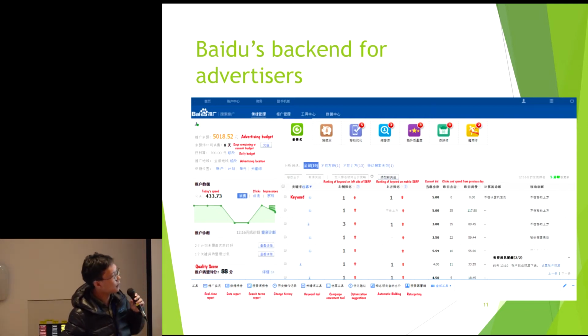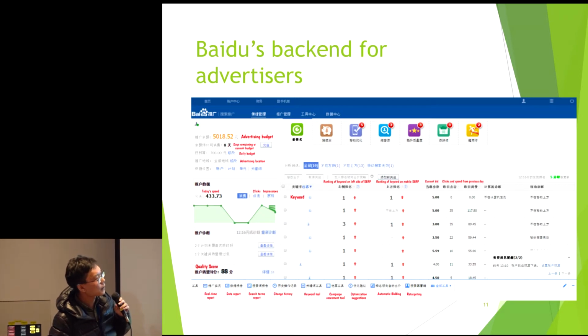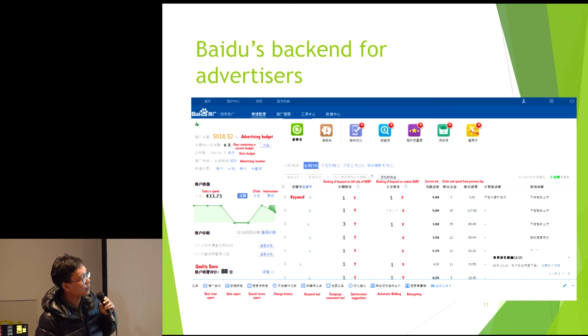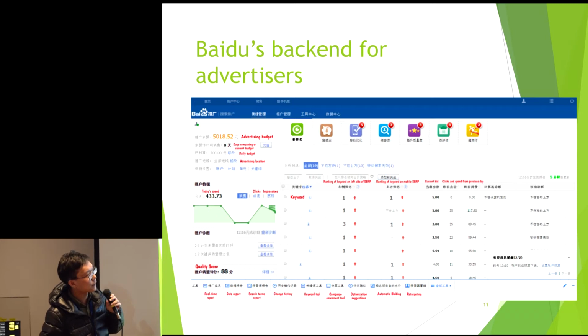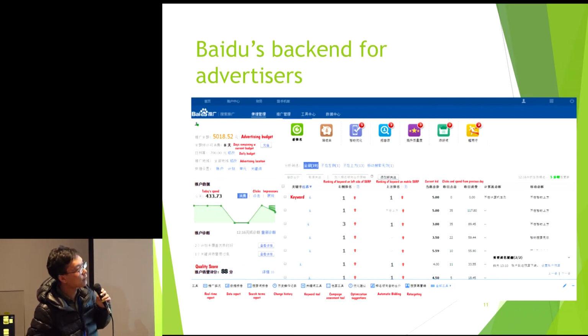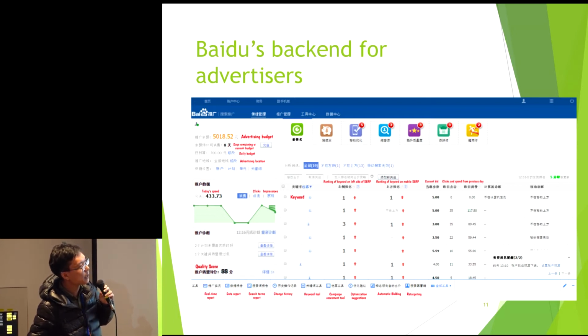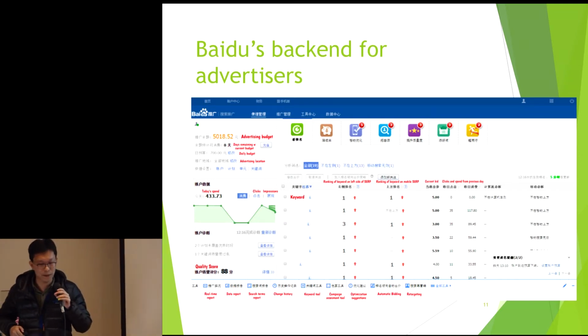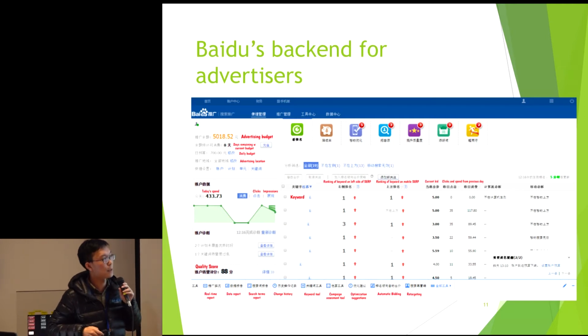And here's the list of keywords, and this is the actual ranking of their ad slots. And here is the current bid of this bidder, and this column is the clicks of the previous day, and this is the spend of the previous day. So these are all the statistics that the bidder can see from the platform.